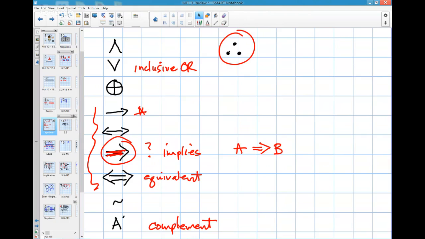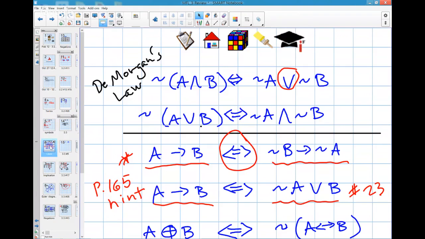Okay. Another important slide is make sure you remember De Morgan's law. I'm going to take the pictures out of there. De Morgan's law.